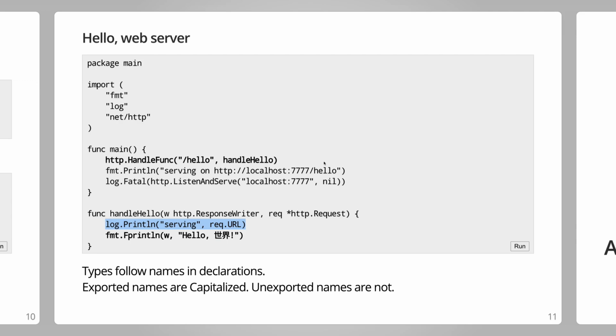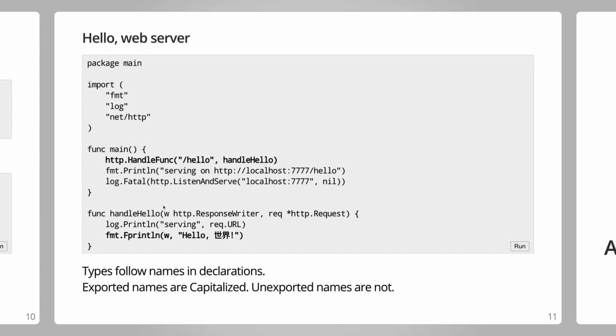Basically, it would show it in this window here, and it sends back to the client, the web browser, this string here, hello world. So it's using a different function called Fprintf or Fprintln, and it's writing that to this response writer. So that's basically where you send back the result to a client.